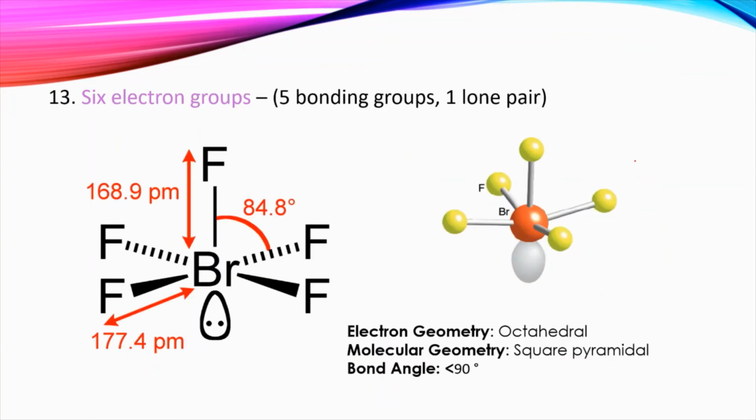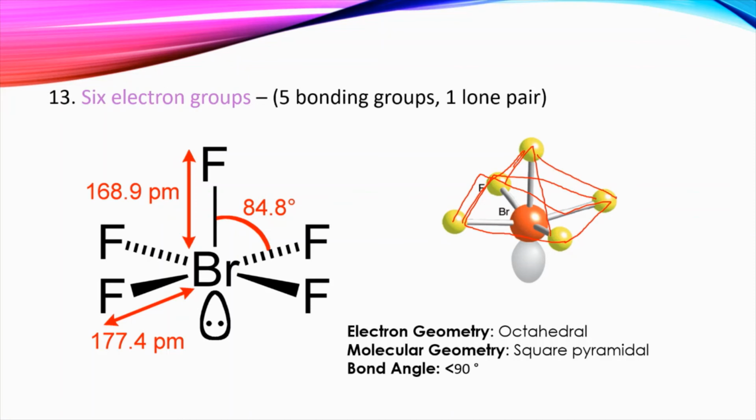Okay, then you have 6 electron groups here with 5 bonding groups and 1 lone pair. And the electron geometry is called octahedral, and the molecular geometry is called square pyramidal. It's because if you connect these corners, and you connect each of the corners to the top, you get a square pyramid.